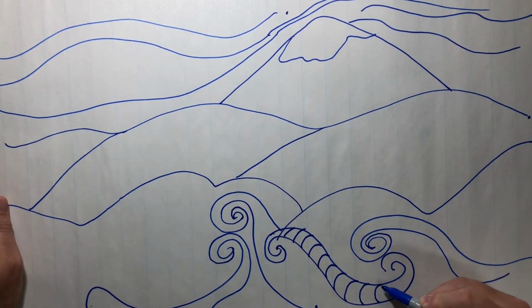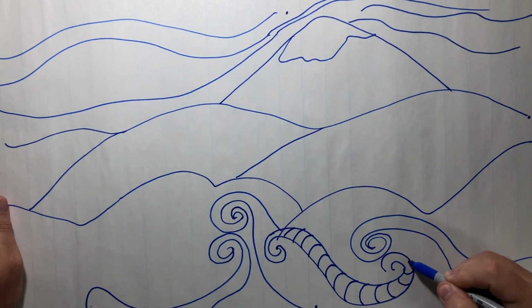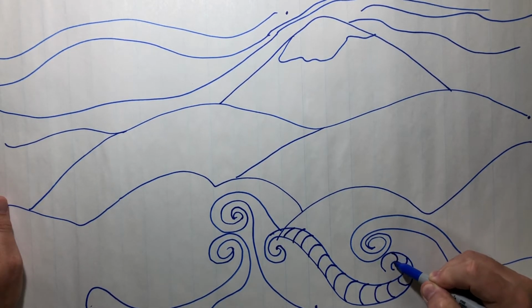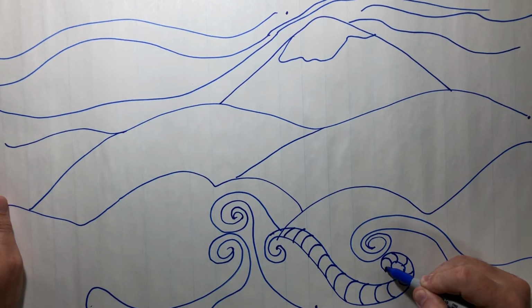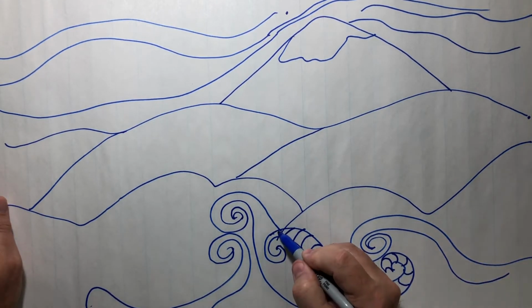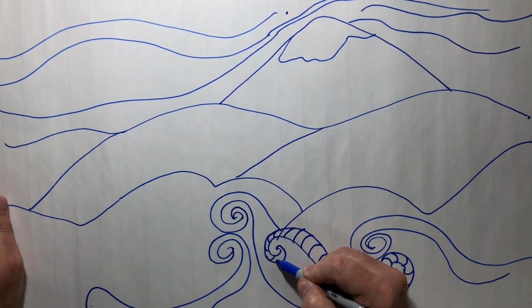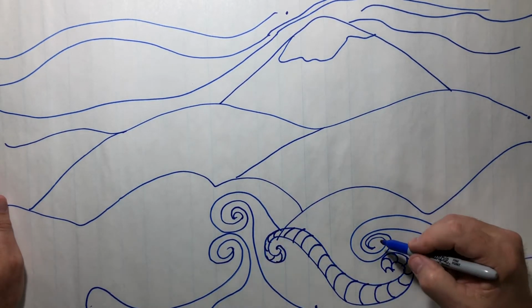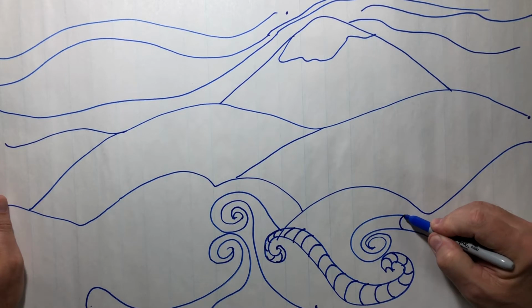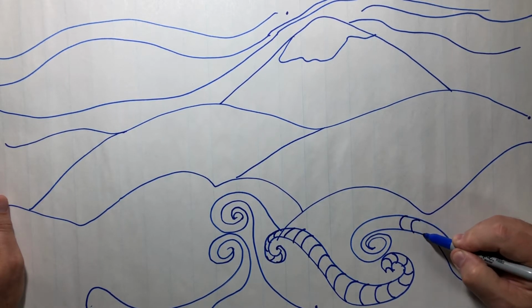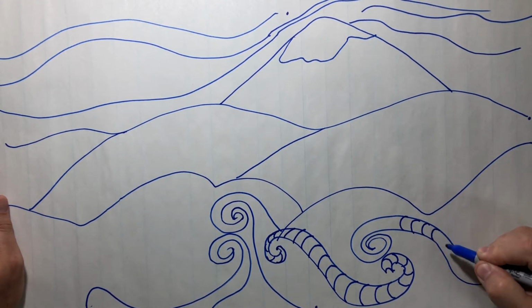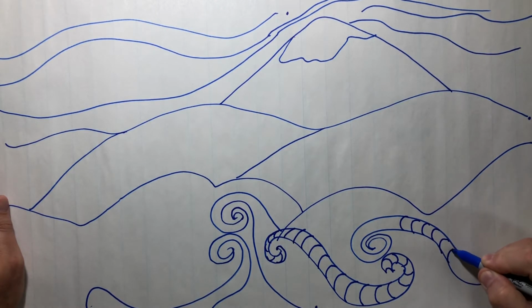So I'm just putting a curve in between these two parts of this really thick line. Then I'm going to do the same on these over here. Every swirly, scrolly, twirly line is going to have this contour line.